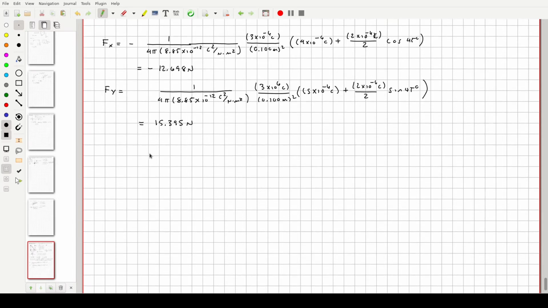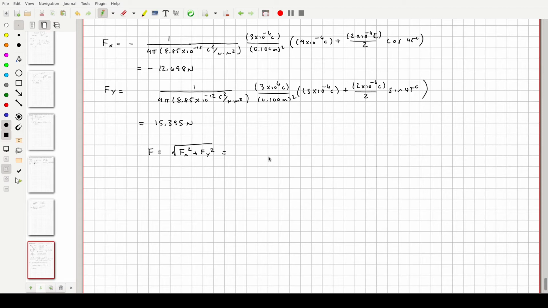So what does my overall force look like? Well, my force in magnitude is just going to be the square root of the sum of the squares. And if you do that, 12.698 squared plus 15.395 squared, let me take the square root of that.